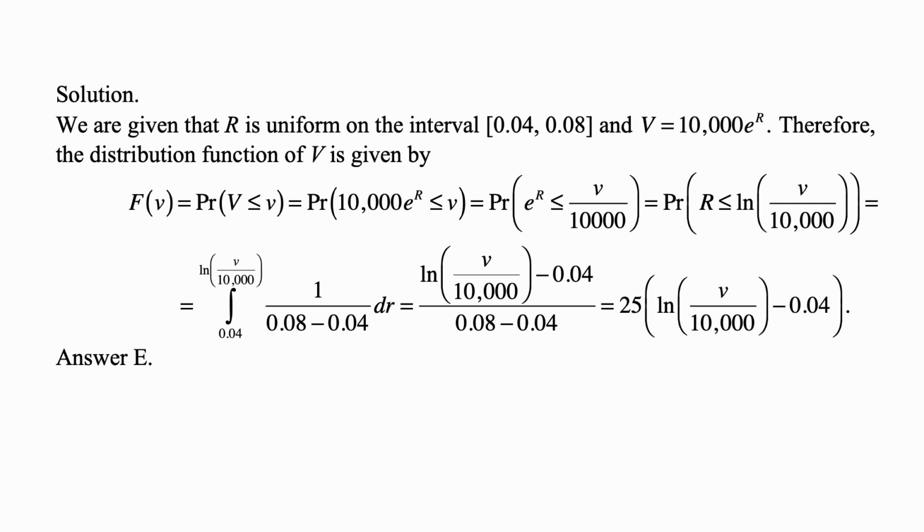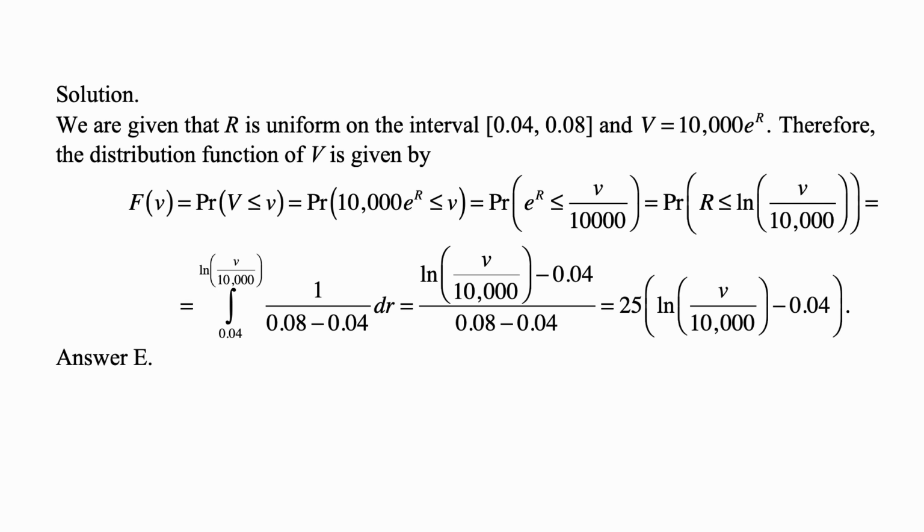It's 1 over 0.04. And you could actually just guess this answer from knowing how the cumulative distribution function of a uniform distribution works. So this has got to be equal to the natural logarithm of v over 10,000 minus 0.04, divided by 0.08 minus 0.04. Or this is simply a comparison of the length of the interval from 0.04 to the natural logarithm of v over 10,000 to the length of the interval from 0.04 to 0.08.